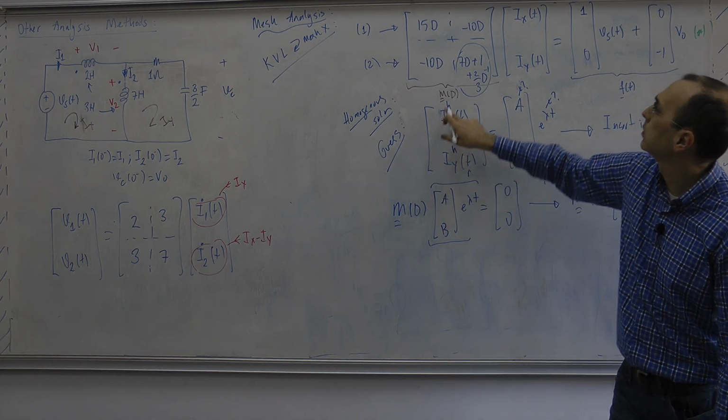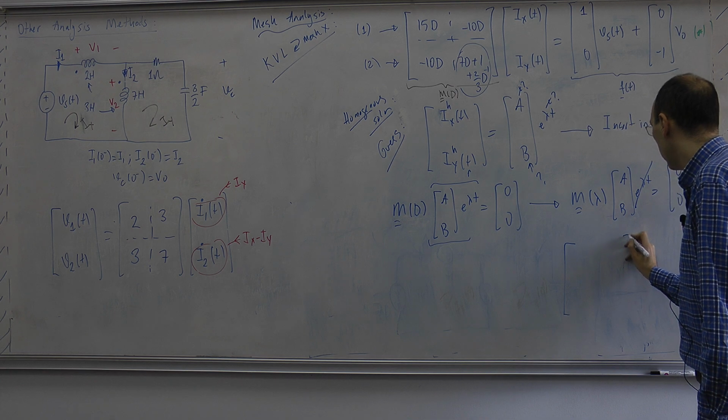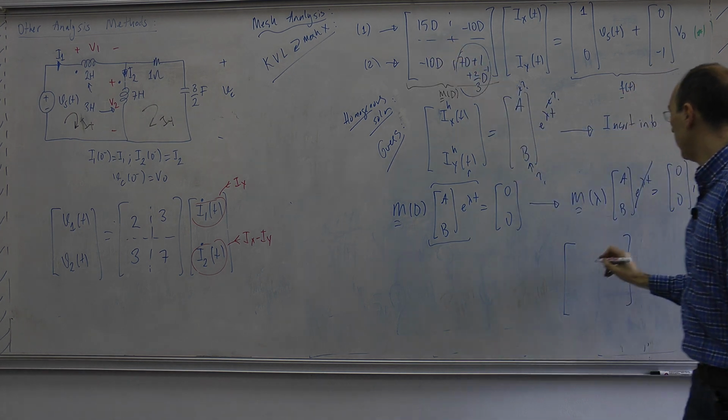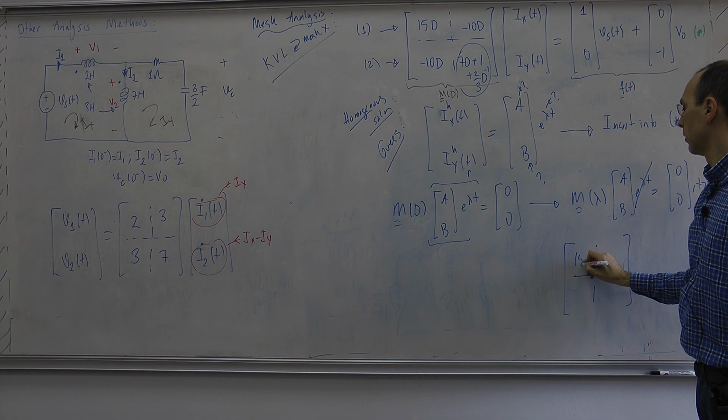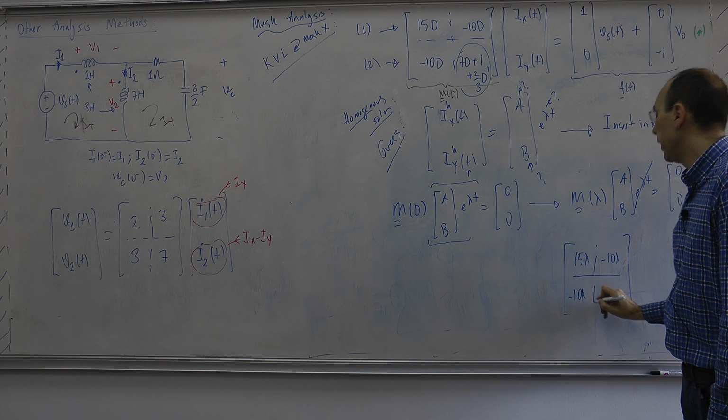If I have defined this M of D, this becomes M of lambda, and this is supposed to be valid for all t greater than 0. Then I can cancel this. So I'm looking for the following: 15, minus 10, minus 10.